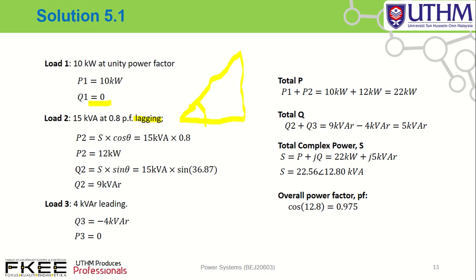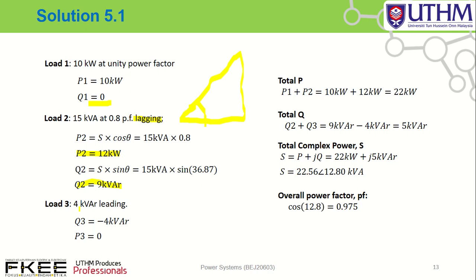From the power triangle you can also determine the reactive power, because Q equals S sin theta. So for a lagging power factor, you have P and a positive Q, which means the load is inductive.